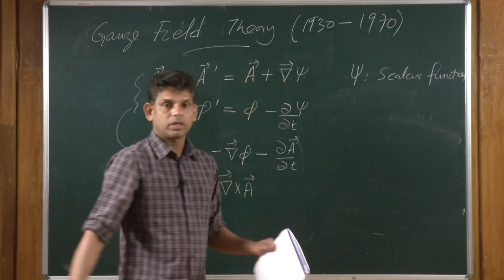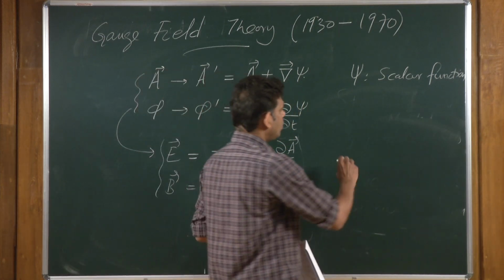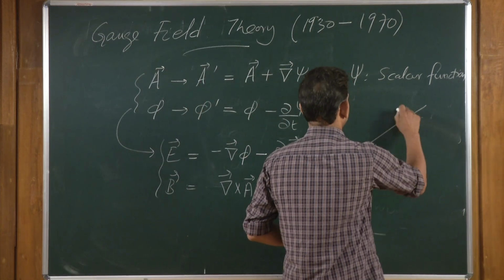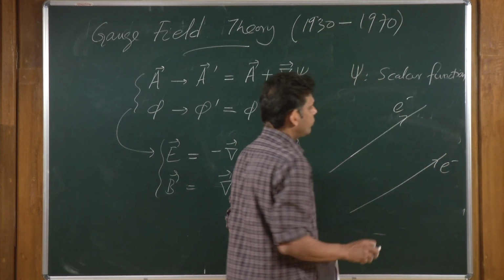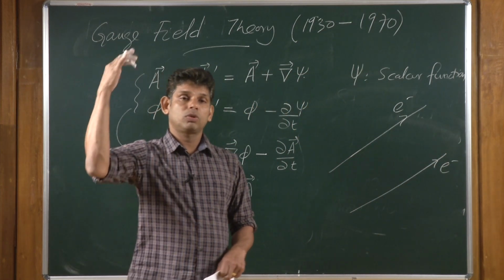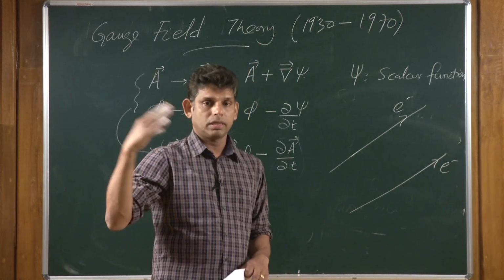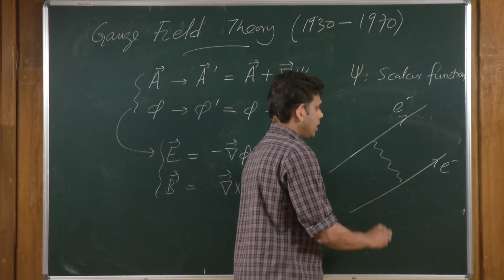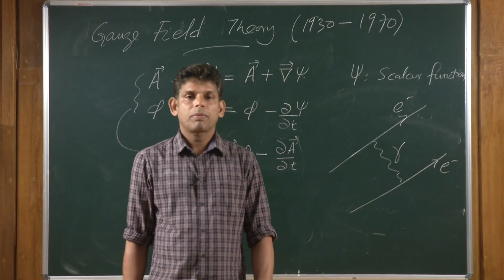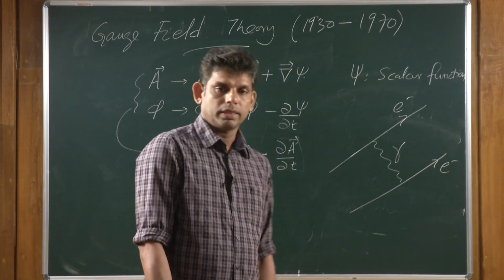That is what I wanted to tell today, that when we look at the interaction between an electron and a positron or an electron, this can be understood similar to, not exactly, but at least in the way that Yukawa had thought, as happening through the exchange of some particles.